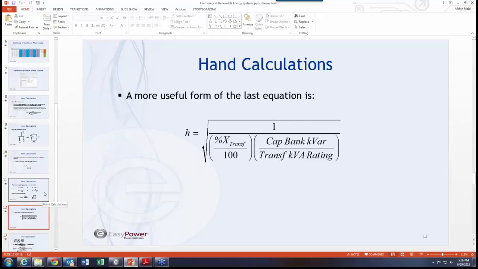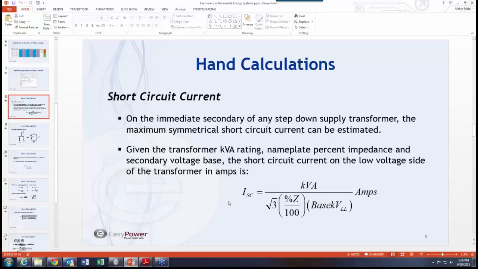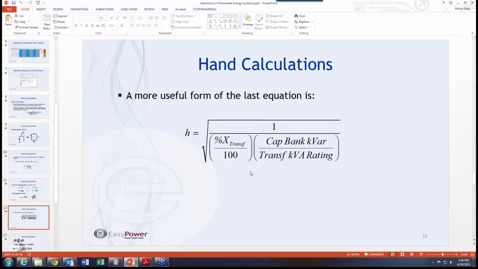You can find it in textbooks, in any reference that discusses the issues of harmonics. I really don't want to focus a whole lot on the formulas, but as important and as familiar as this formula is for us in short circuit calculation, the same holds for this formula in harmonics, which means that this is the harmonic order of the resonance frequency.